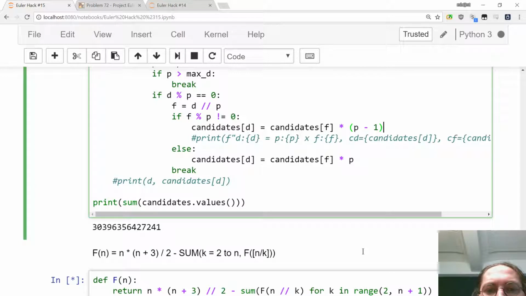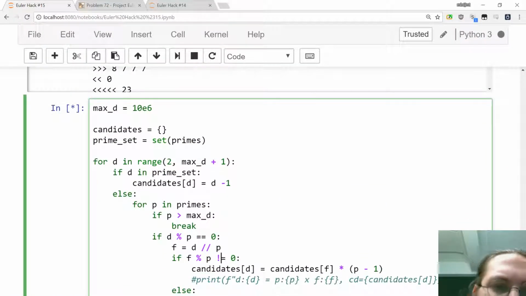If it's divisible by p. Yeah, this is the wrong way around, right? No, it's all right. If it is not divisible by p yet, then it is p minus 1, and otherwise it's p. Okay, then what did I change?